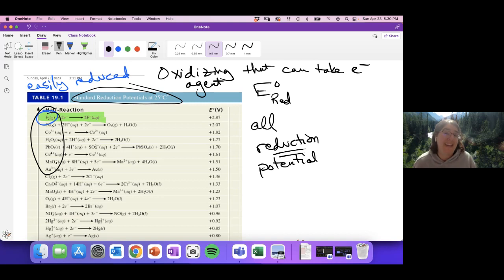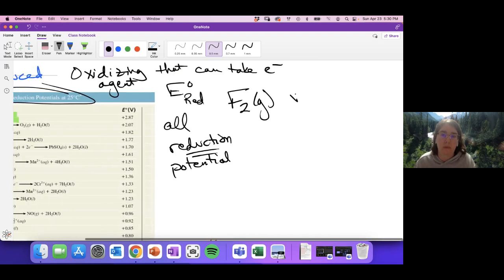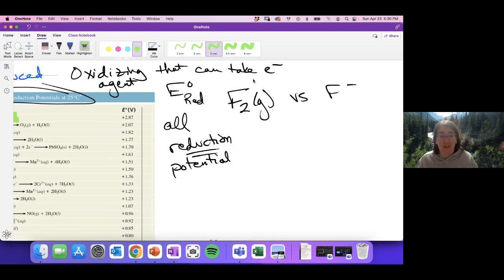So I want something like fluorine gas. I don't want the fluorine minus, because my fluoride ion already took the electrons. It's happy. I want the thing that's neutral. I want the thing that wants to still take electrons if it's going to be an oxidizing agent. I don't want the thing that's negative. I don't want the thing that already has the electrons. I want the thing that wants more.